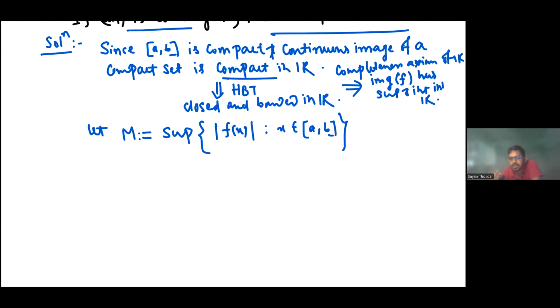Because of the above discussion: the continuous image of a compact set is compact, by the Heine-Borel theorem, if and only if closed and bounded in R.